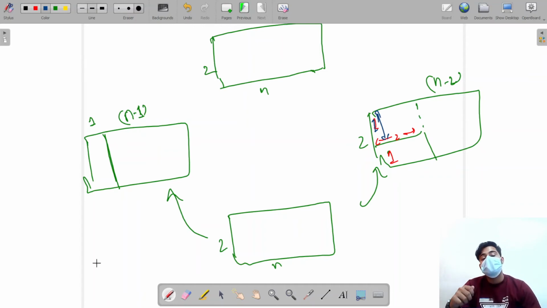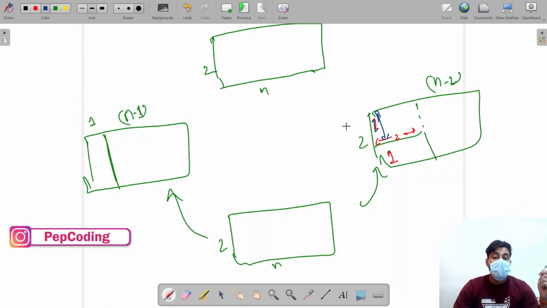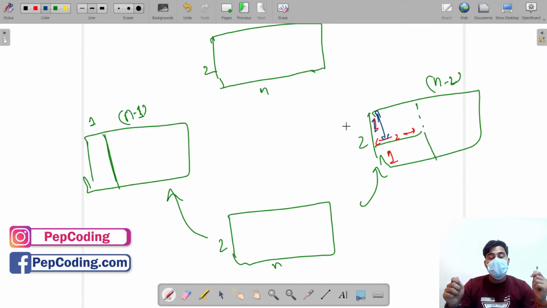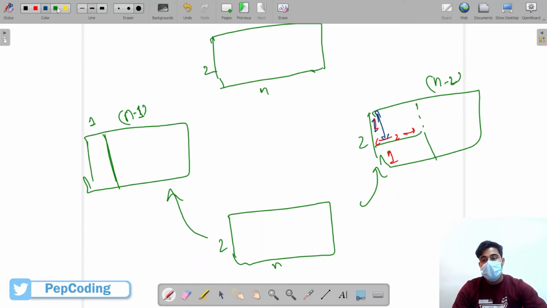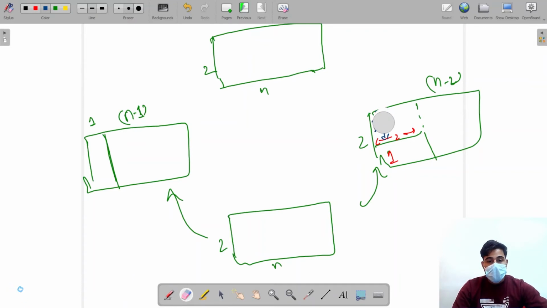Here we can only place a tile horizontally, when the height of the tile is exactly equal to the remaining height of the wall. I hope you get why we place the tile here horizontally.